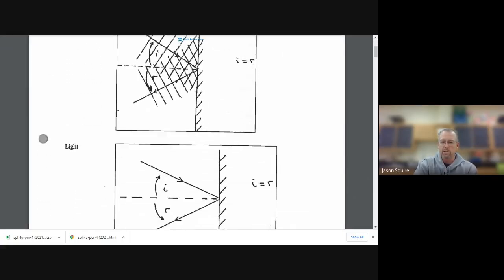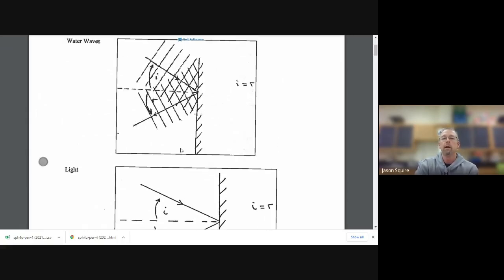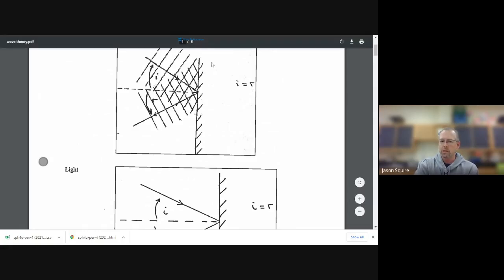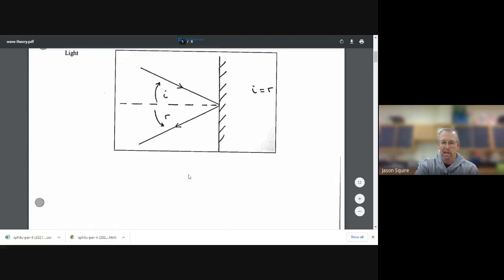And if I look at light, and this is the same diagram that we used in the particle theory, an incident ray of light hitting something will bounce off with the angle of incidence equal to the angle of reflection. Water waves do it, and light does it. It just makes sense that light must be a wave.